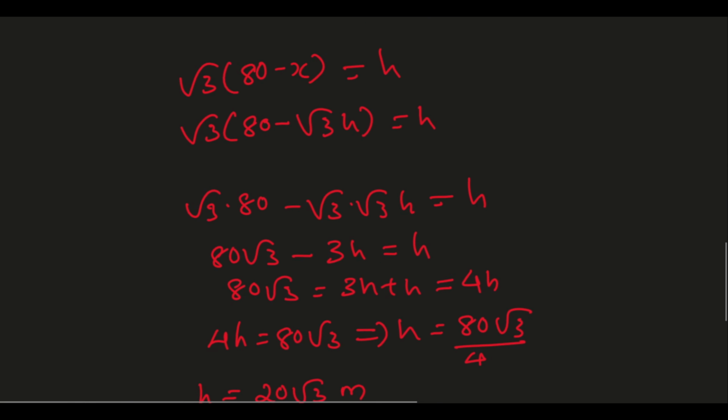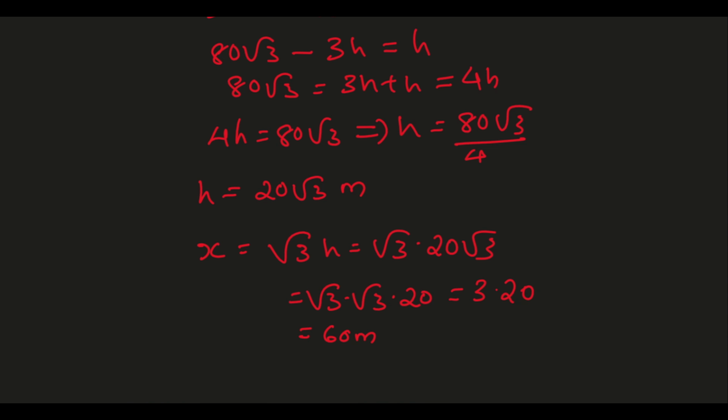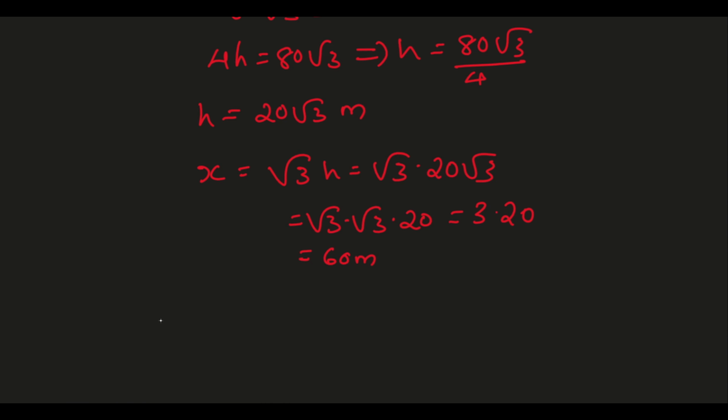Then we have to find x and 80 minus x. x is equal to root 3 H. So we get root 3 into 20 root 3, which is 3 into 20, equal to 60 meter, and 80 minus x is equal to 80 minus 60, which is equal to 20 meter.